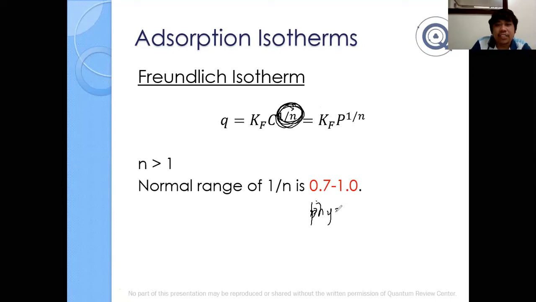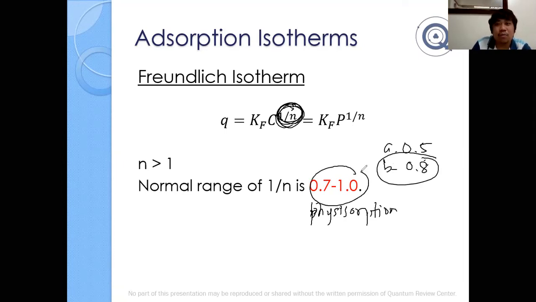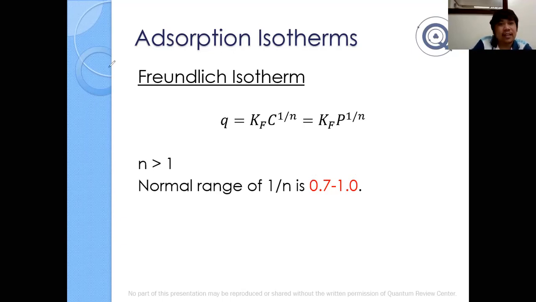Okay? For physisorption, 0.7 to 1. That means if the choices are letter A, 0.5 and letter B, 0.8, most likely the answer is 0.8, because that is the common value. Okay? So, that's what I wanted to emphasize here, because there was a board exam question about this. Alright? Okay.